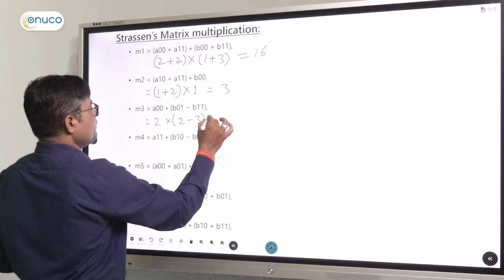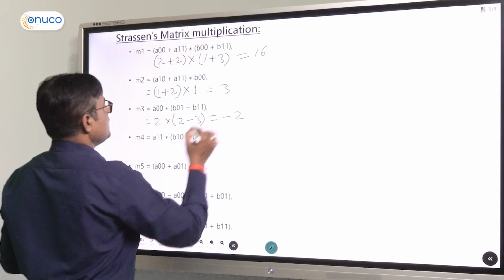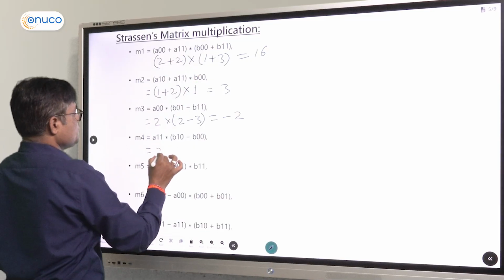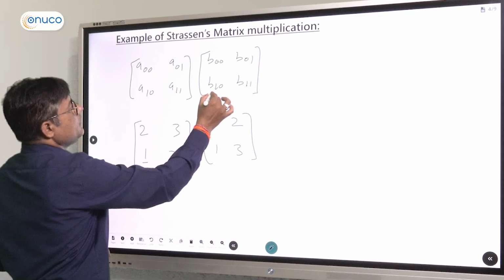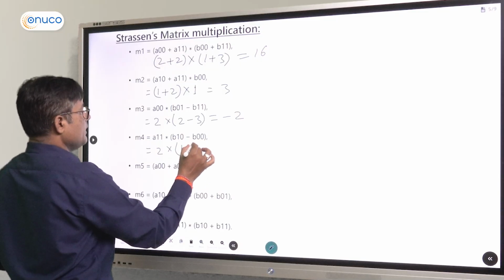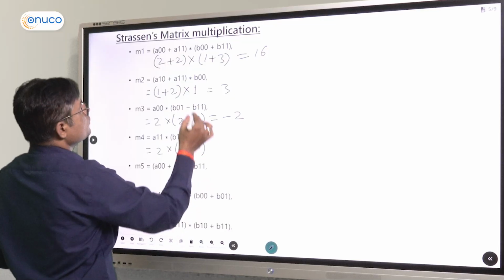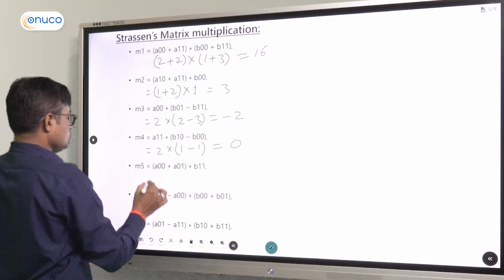Right? So if we perform the task, 2 into minus 1 is minus 2. Similarly, M4 is A11, which is 2, into B10 minus B00. B10 is 1, and B00 we already have as 1. So 1 minus 1 is 0, and 0 multiplied by anything remains 0.